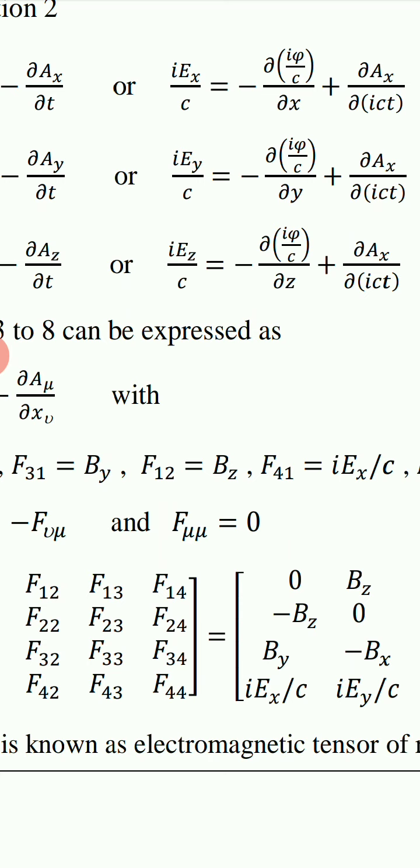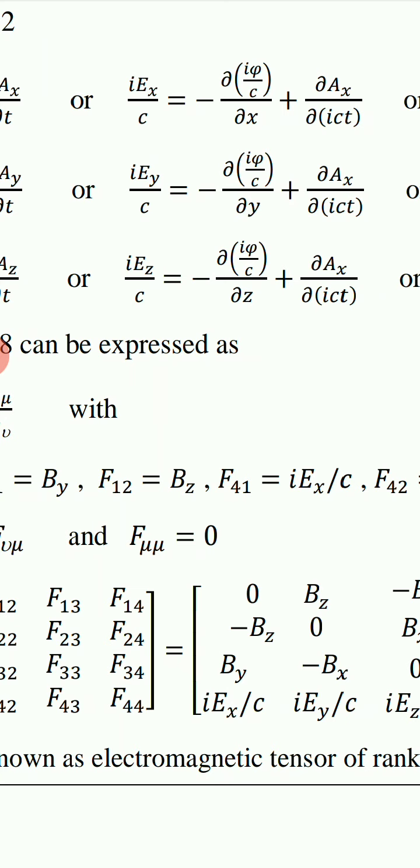By multiplying by i upon c on both sides, on the right hand side we get these two terms: i phi upon c, which is A4, the fourth component of A mu, the vector potential, and the other is ict, which is X4, the fourth component of X mu, the position four-vector.